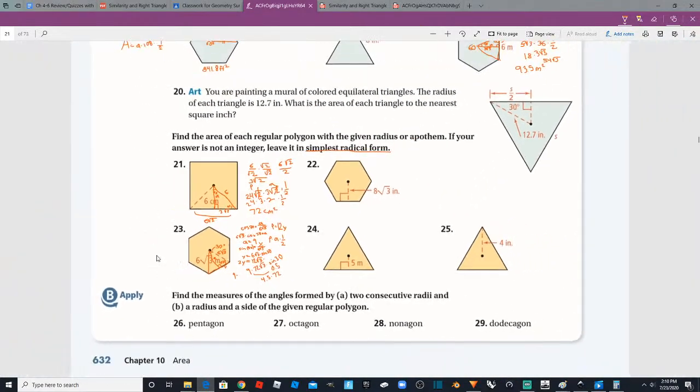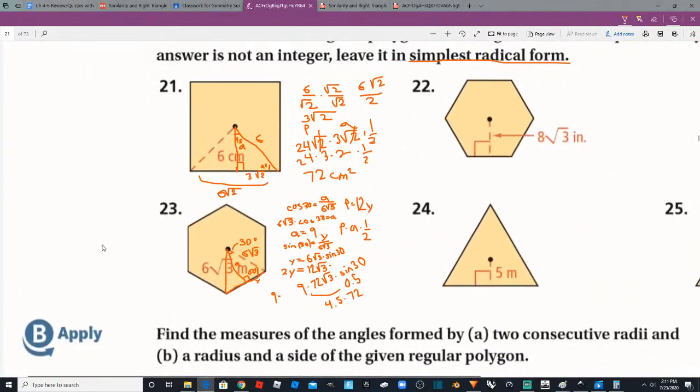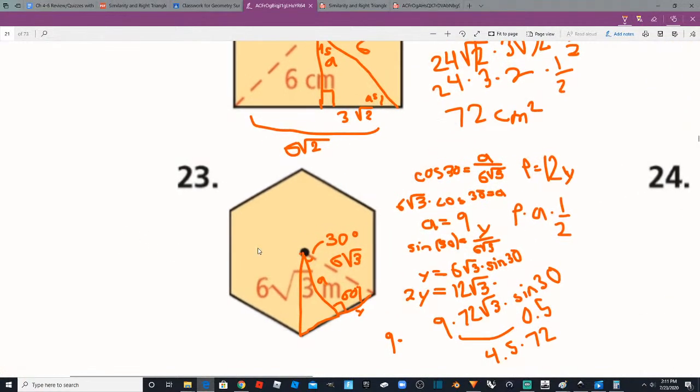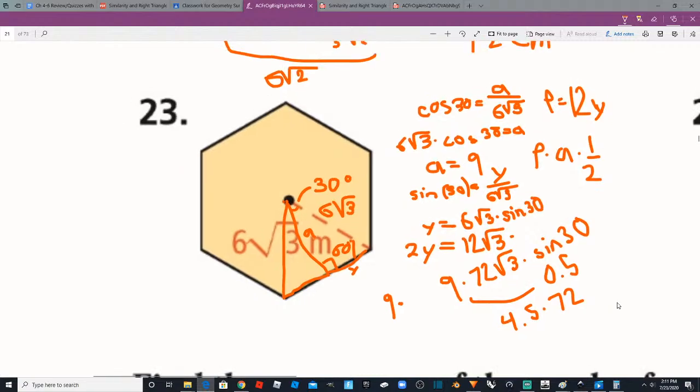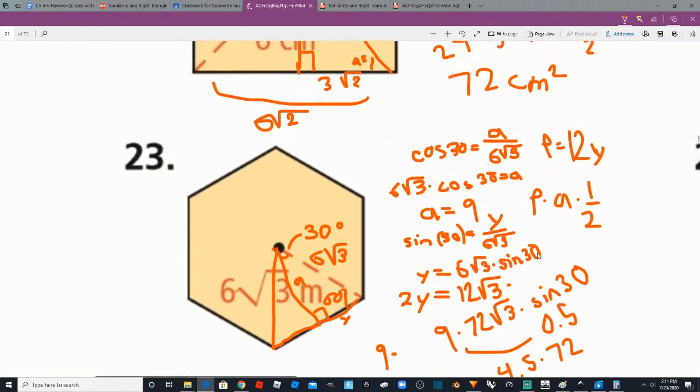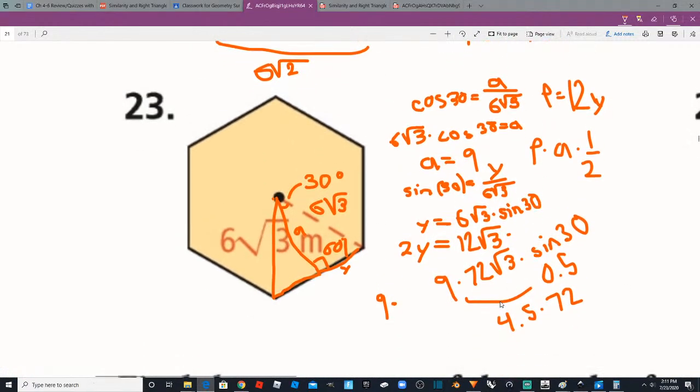I mean, all of these are pretty easy though. I'm using tan. I'm using those ratios. 72 times 12, it would be 72.